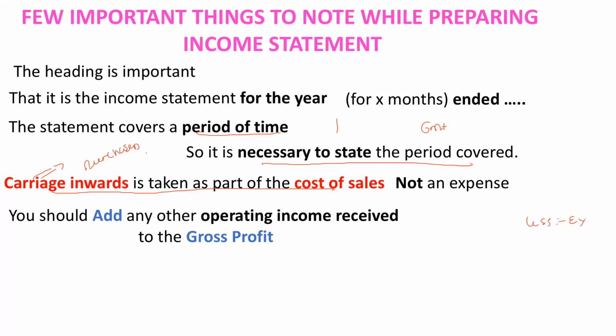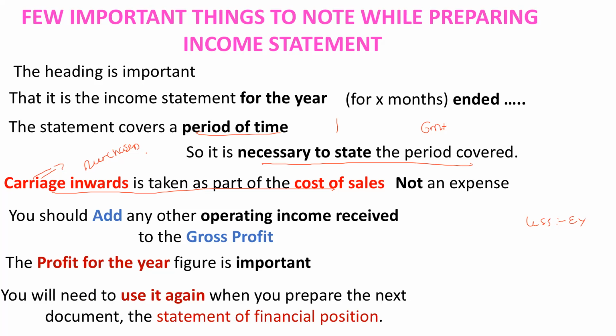Also, another important thing to note is that the profit for the year figure is very important because I will use it again when I prepare the next document, and the next document is the statement of financial position. So here we are talking about our trading business.